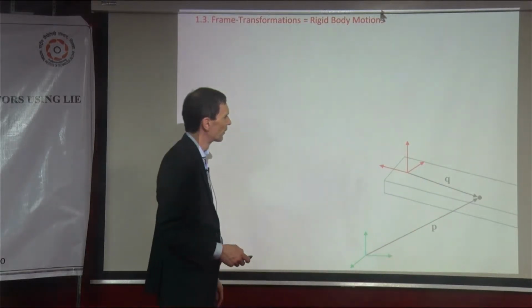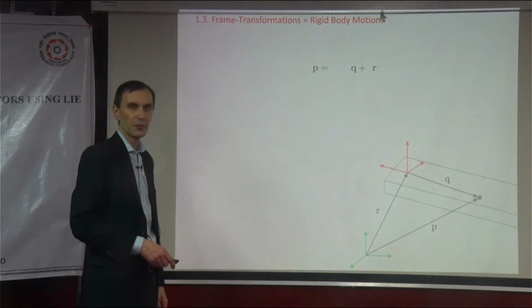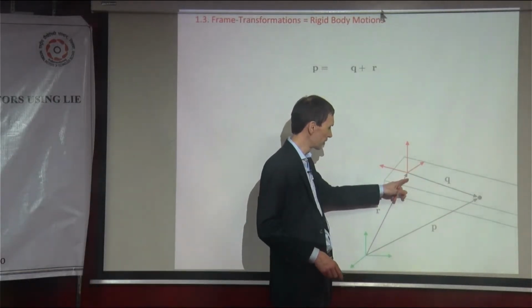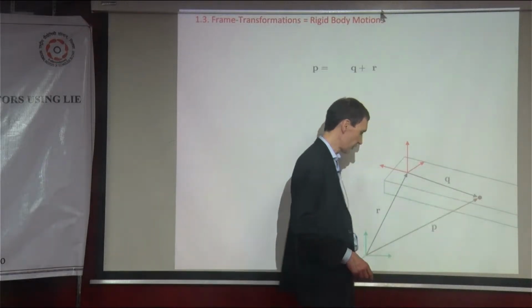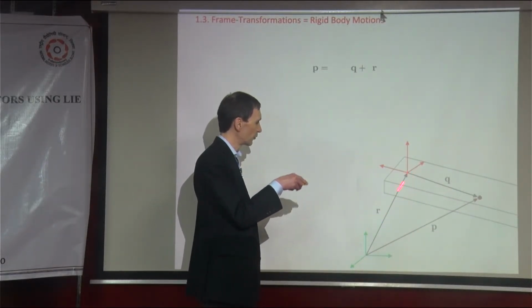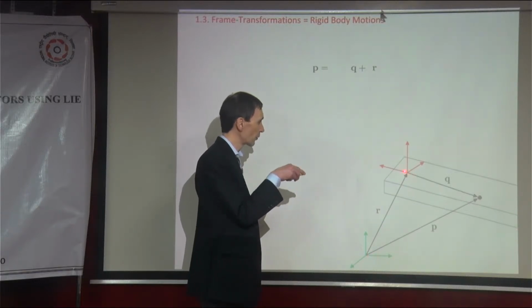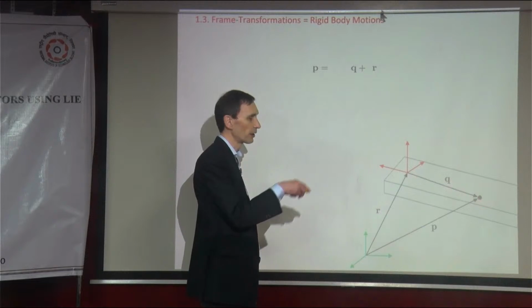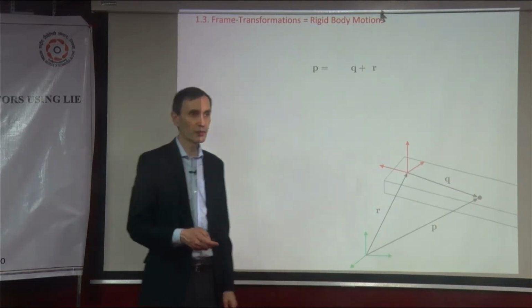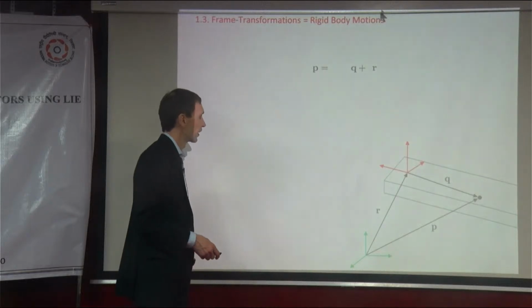Then there's some very complicated mathematics here. The vector P is the vector R, measured from the green frame to the origin of the red frame, and then from the red frame to Q. So essentially P is R plus Q. I guess this is not too complicated.